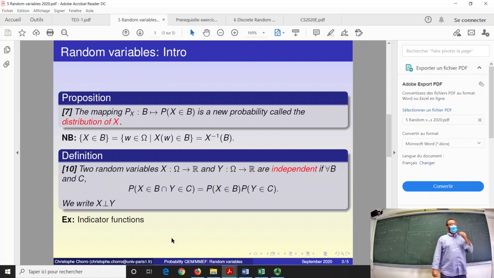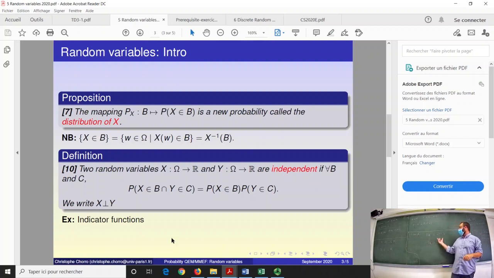What happens if 0 belongs to B and 1 doesn't? What are the elements of omega with a value equal to 0? Not the empty set, because I can take 0 as a value.